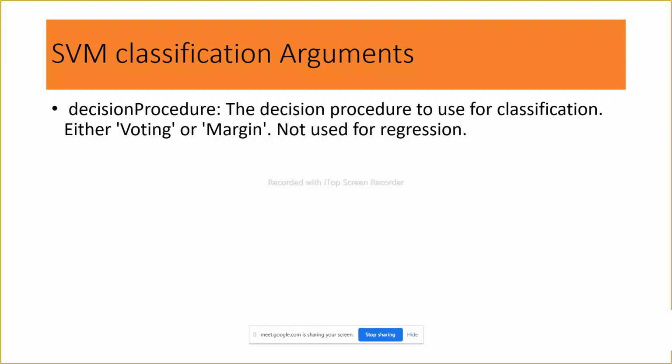When you want to input the decision procedure, you can use voting or margin. This time, we use the margin, which is the distance of the support vector from the decision boundary.